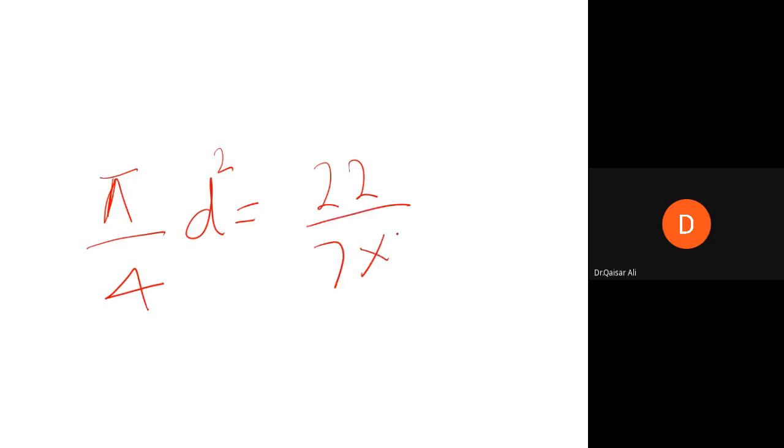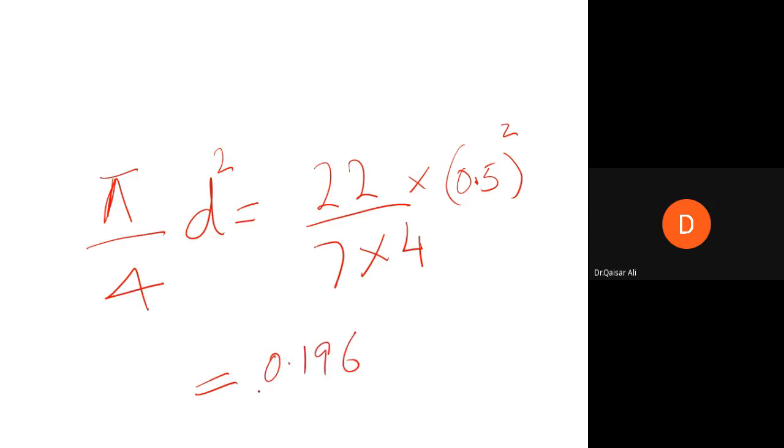So this is multiplied by 0.5 whole square, divided by 4. You calculate this yourself and tell me what is the value. 0.196.